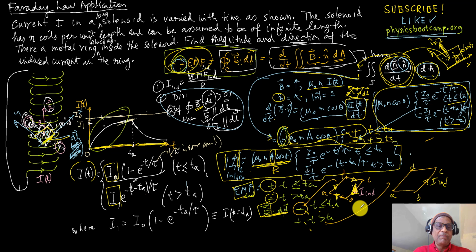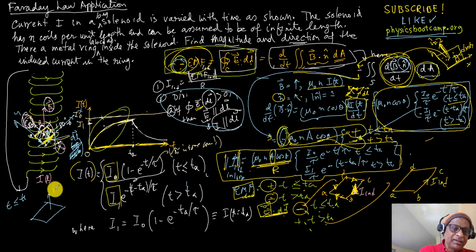Let's make sure. Over here the current is increasing, so the flux is increasing. I want to check using Lenz's law. In the t less than or equal to TA time, I will have something like this.